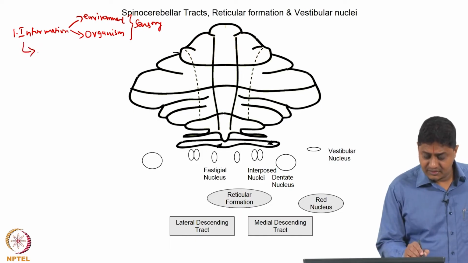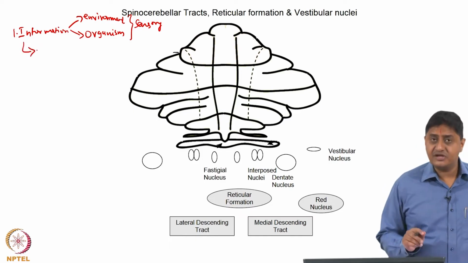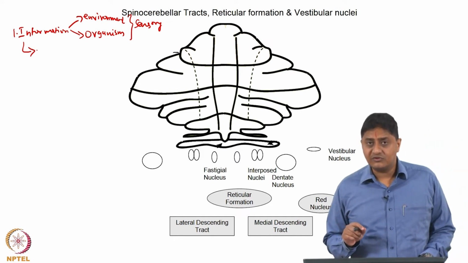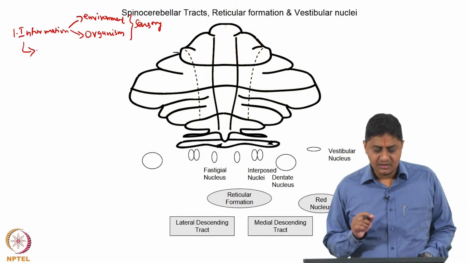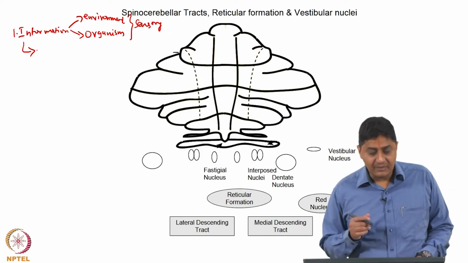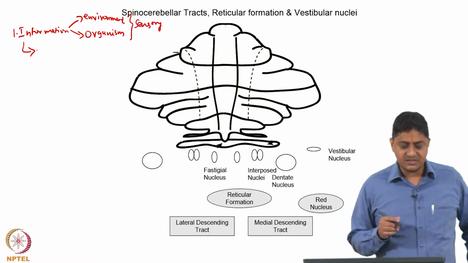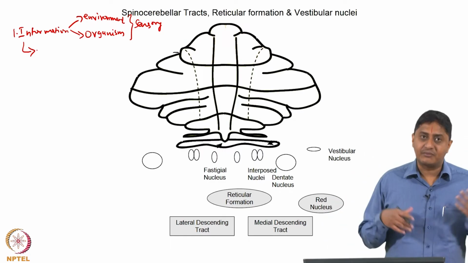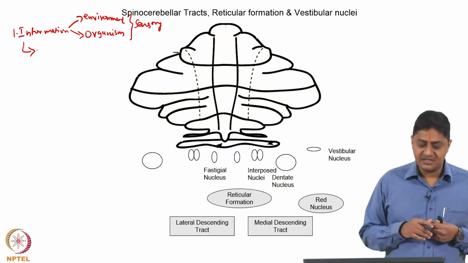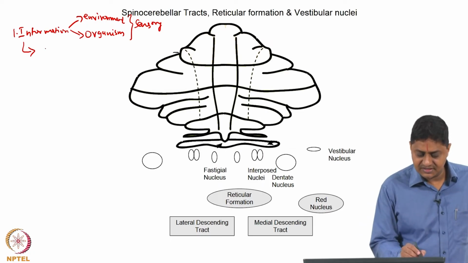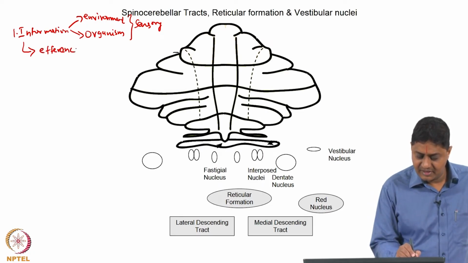Also there is information that is sent to the spinal motor neurons that is sent to the cerebellum as well. That means alpha and gamma motor neurons receive commands from other systems, and a copy of these commands is sent to the cerebellum.